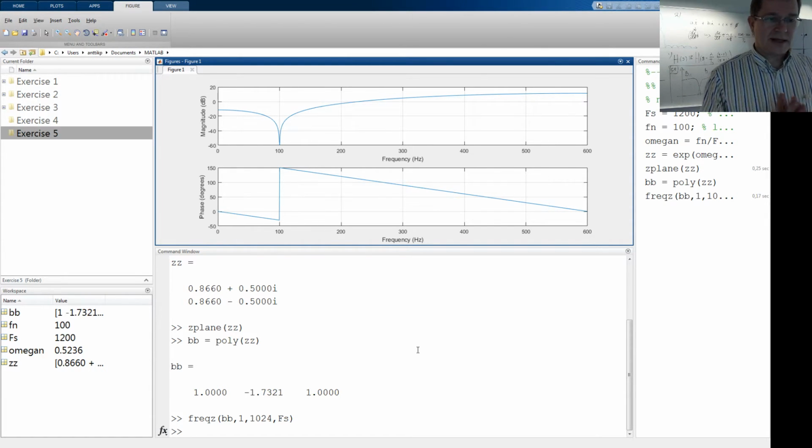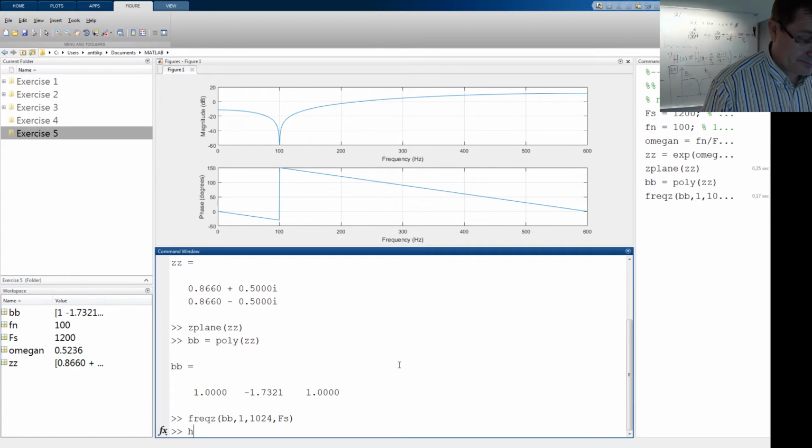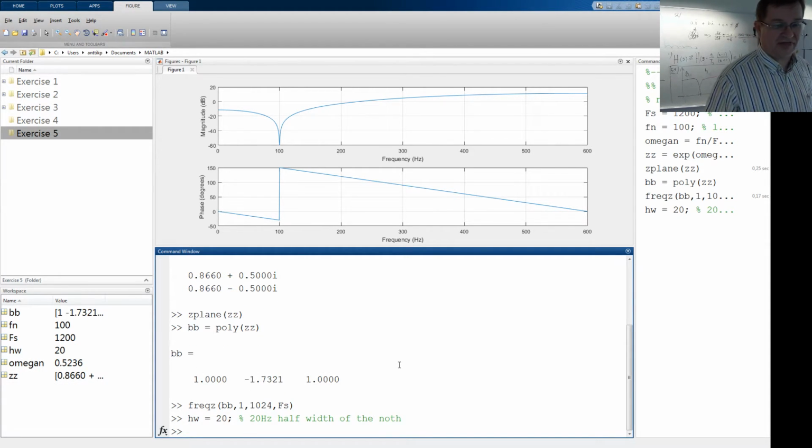All right, then let's take a design parameter for that, meaning the half width of the filter. For example, the half width of the filter could be 20 Hertz. Enough notch.